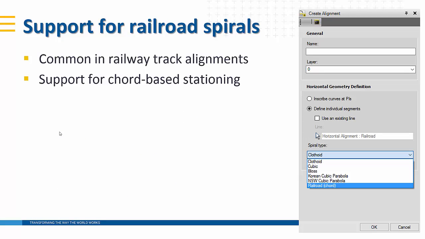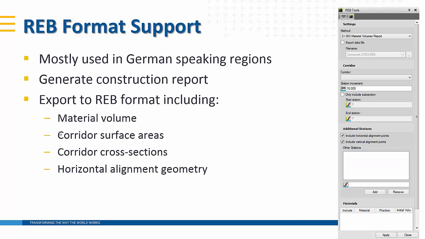On the corridor side of things, we are now supporting a new spiral type called railroad chord, which also supports chord-based stationing, which is very common in railroad applications, as the spiral type indicates.